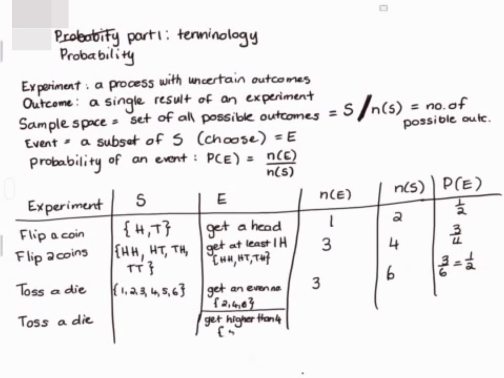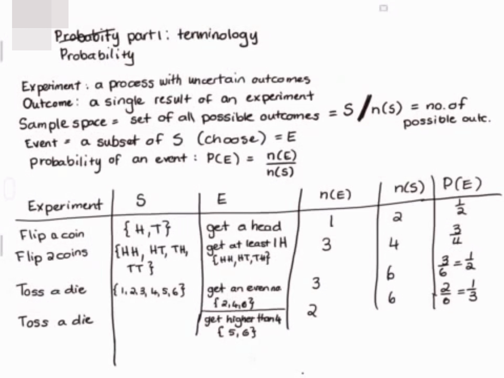So what are the possibilities? I can have a 5 or I can have a 6. How many are there? 2, still 6. So 2/6, which is 1/3.